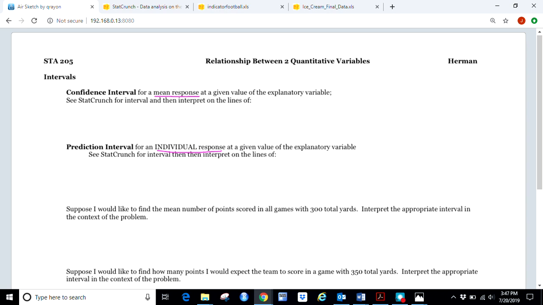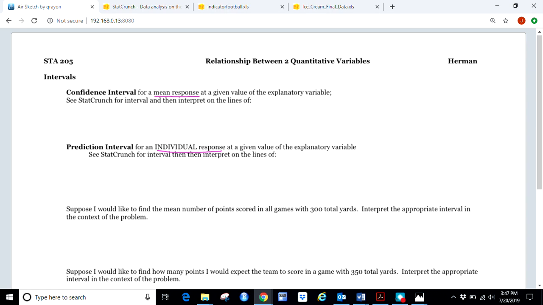Suppose we are trying to look at final exam score, and that's our response variable that we're interested in. As the professor, I'm probably going to be very interested in what the mean final exam score is going to be. So I would want to do a confidence interval. You instead would probably care about, well, how am I going to score? So you're not interested in all the other students and looking at the mean final exam score.